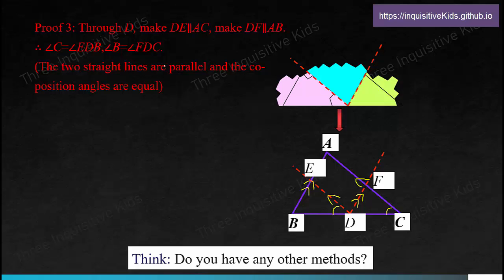The two straight lines are parallel and the co-position angles are equal. These are co-position angles. Angle B and angle FDC are co-position angles. Angle A plus angle AED is equal to 180 degrees.